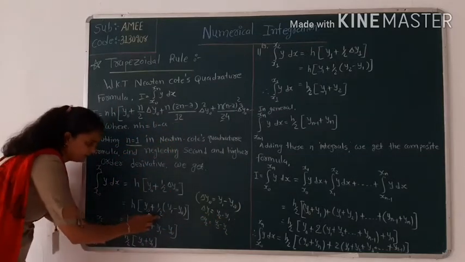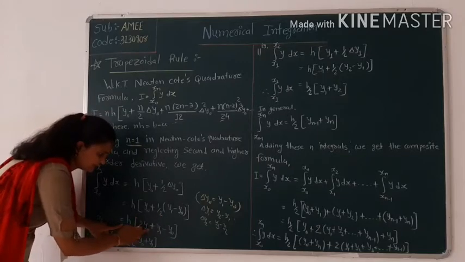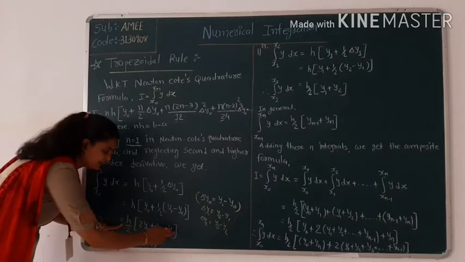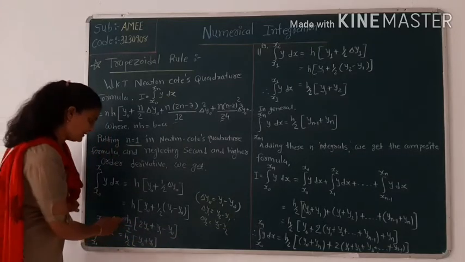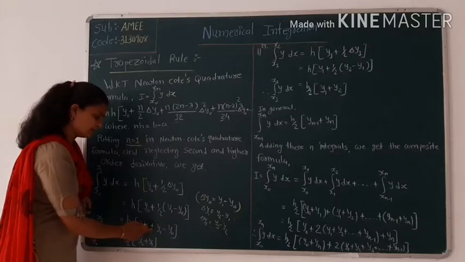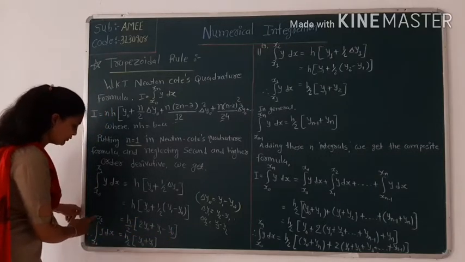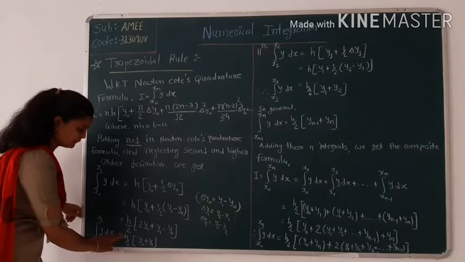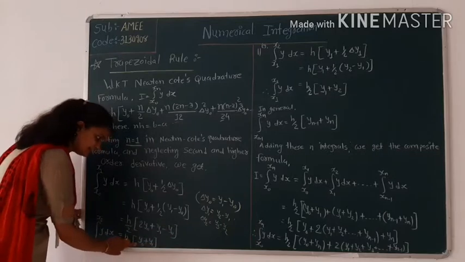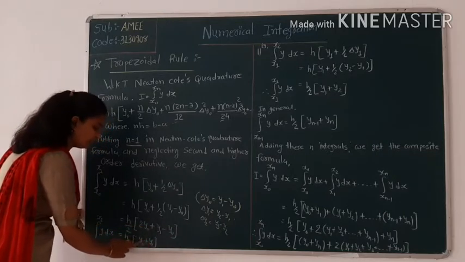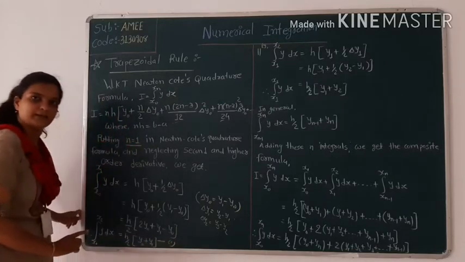So, taking the LCM 2, h by 2 [2y0 plus y1 minus y0]. So, integral x0 to x1 y dx equals h by 2 [2y0 minus y0 plus y1], which is y0 plus y1. This is one part.